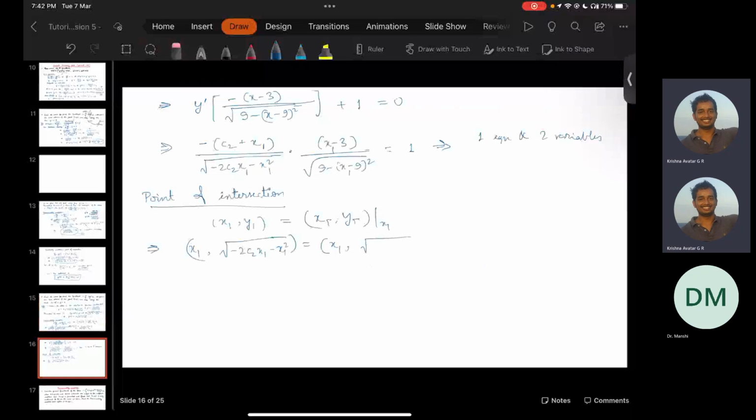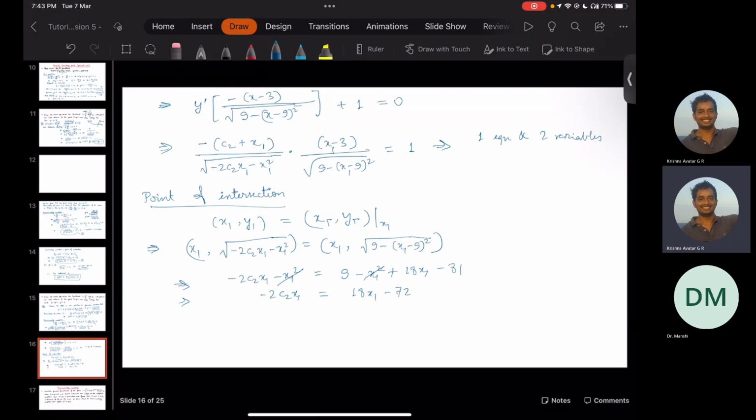Okay, so what we do here is minus x1 squared, minus x1 squared cancels from both sides, and we are left with 9 minus 81, which is minus 72. So we have minus 2c2x1 is equal to 18x1 minus 72, and then we just cancel out 2 from both sides.